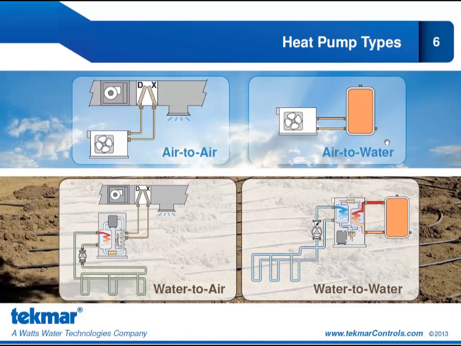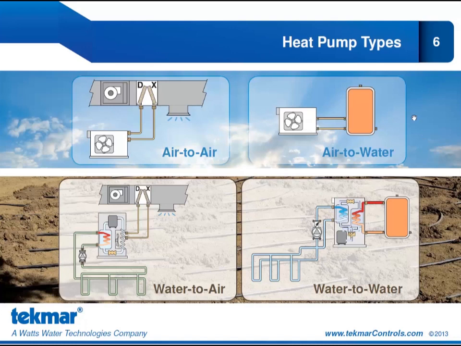We have an air-to-water heat pump where we are sourcing our energy from the air, but are using a hydronic distribution system. And lastly, we have a water-to-water heat pump, where we have our geothermal heat exchanger, and the source of the energy could be, again, water or earth, and we have a hydronic distribution system.